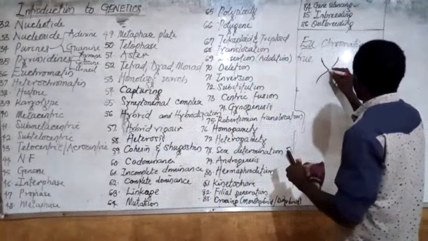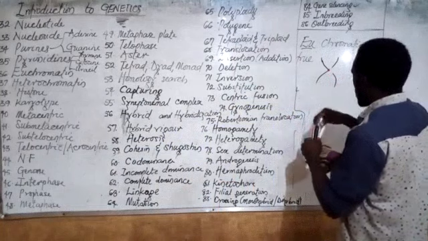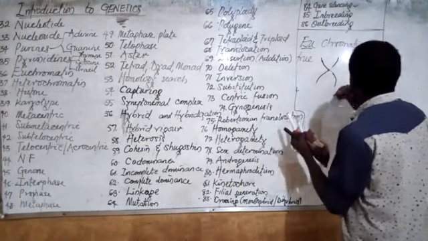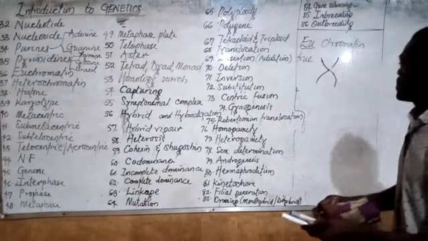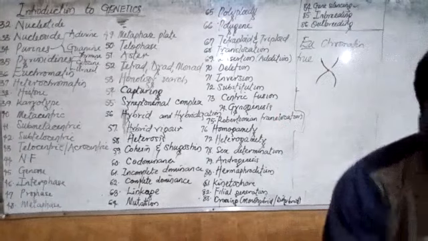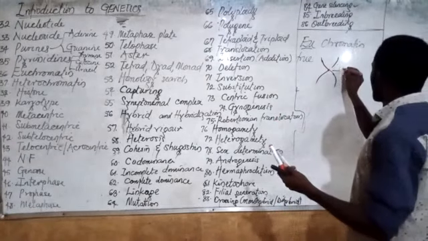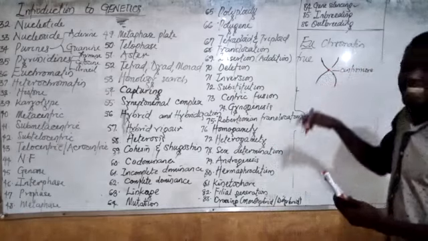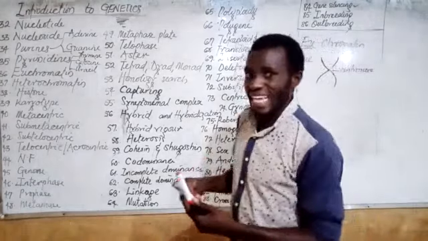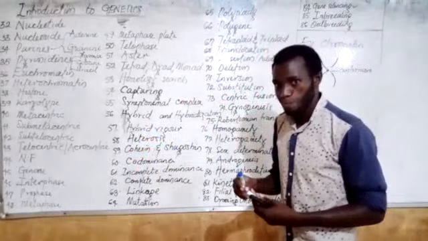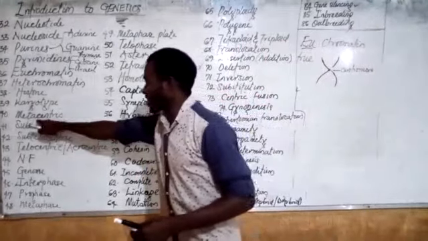When the centromeric region, the centromere, lies exactly at the center, it is going to be metacentric.